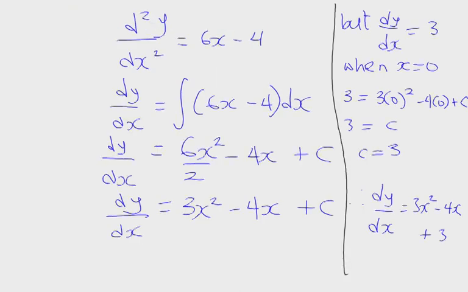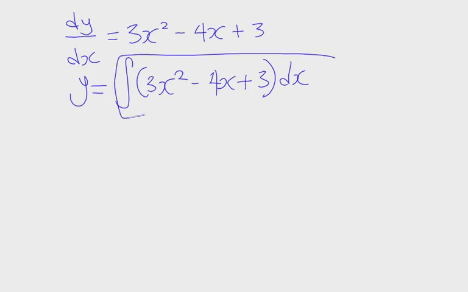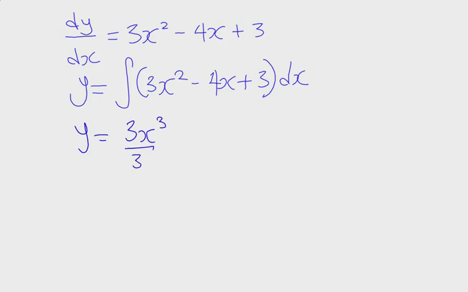So in this first case, we integrate to get dy/dx. In this second case, we integrate to get y. Now, we have y equals 3x cubed over 3 minus 4x squared over 2 plus 3x plus a constant also, but let's call it d in this case.